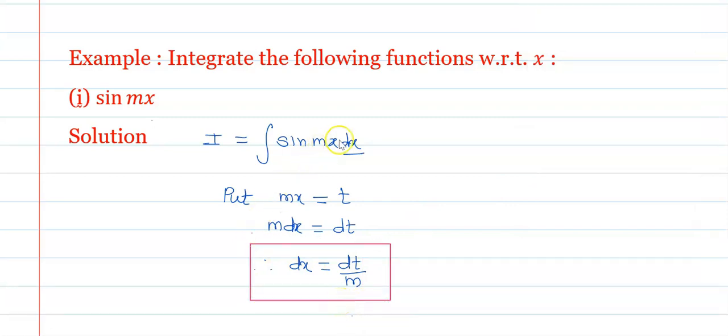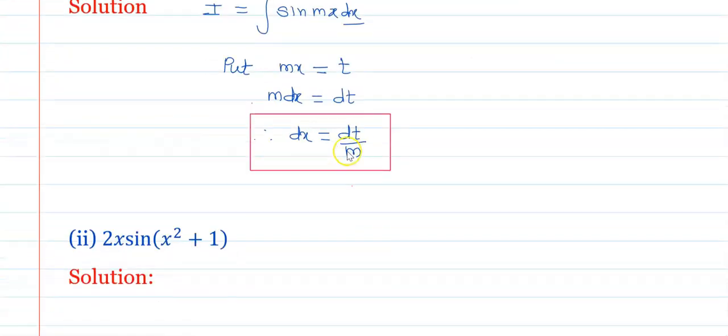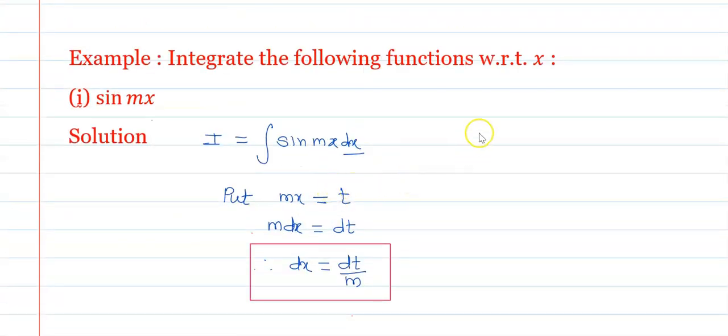Now substitute the value of this dx in the above integration and it will turn like this. Therefore, I = integral of sin(mx). What is mx? mx is t, and therefore I will write here sin t.